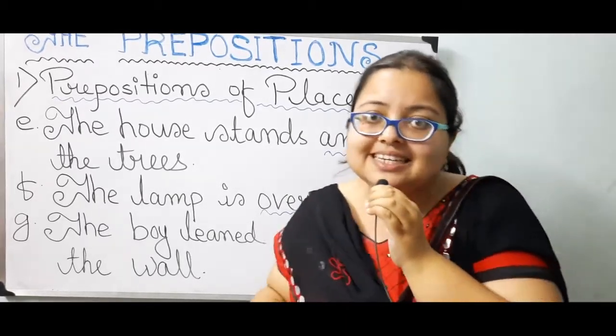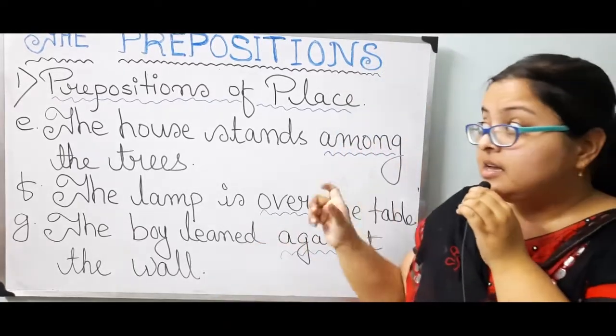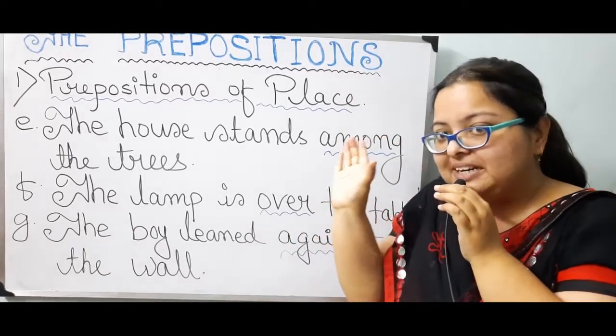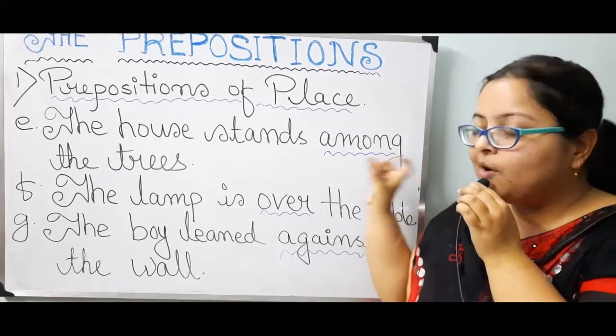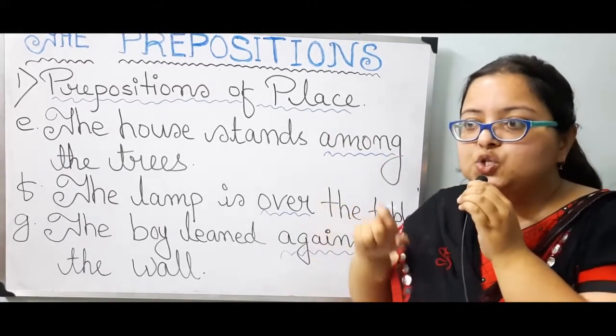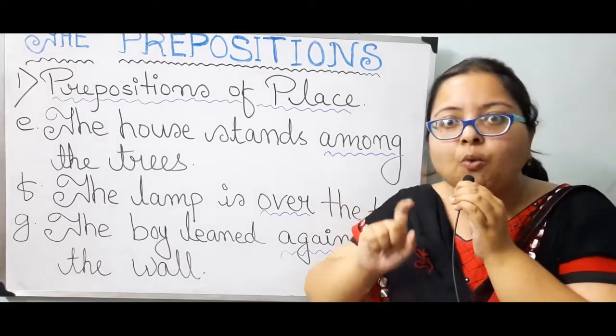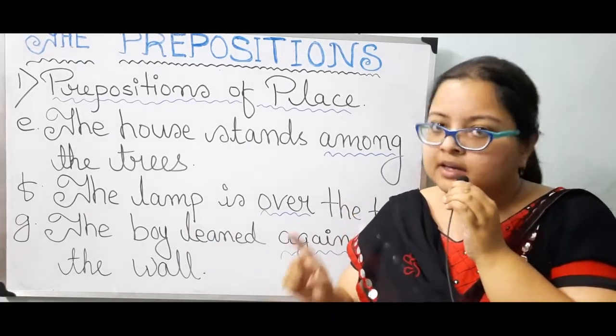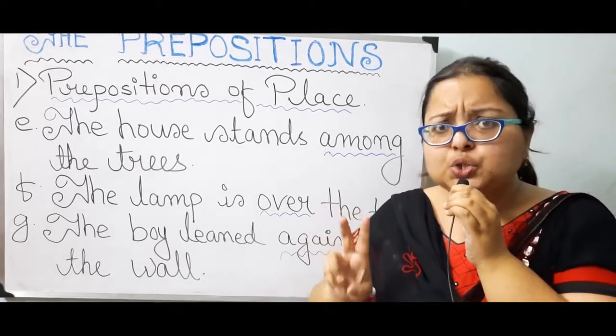So, the basic difference between the word between itself and among is that you use between when there are only 2 trees, or 2 things.